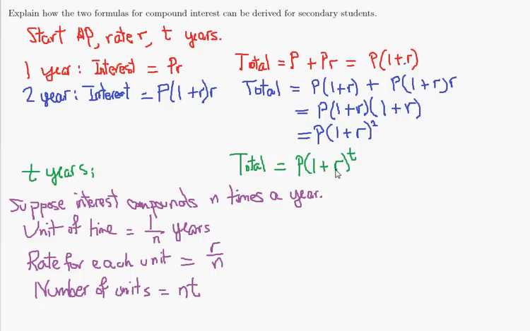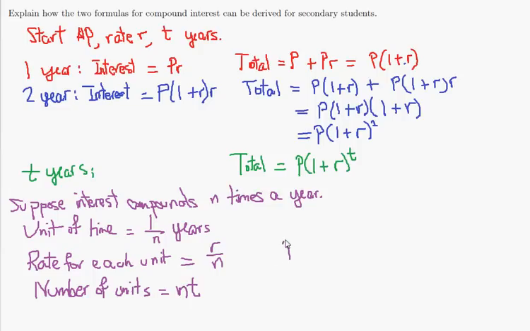So before, the interest rate was R for 1 year, and I compounded it for T years. Now I'm compounding where the rate is R over N, because I'm compounding interest multiple times per year, and therefore there's going to be multiple blocks where the interest gets compounded.